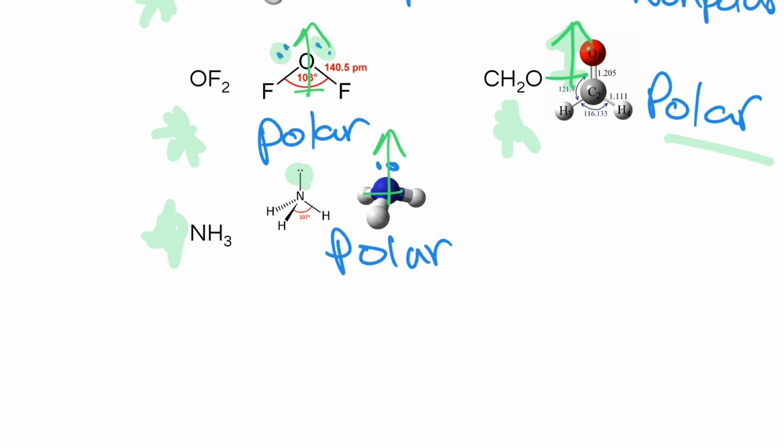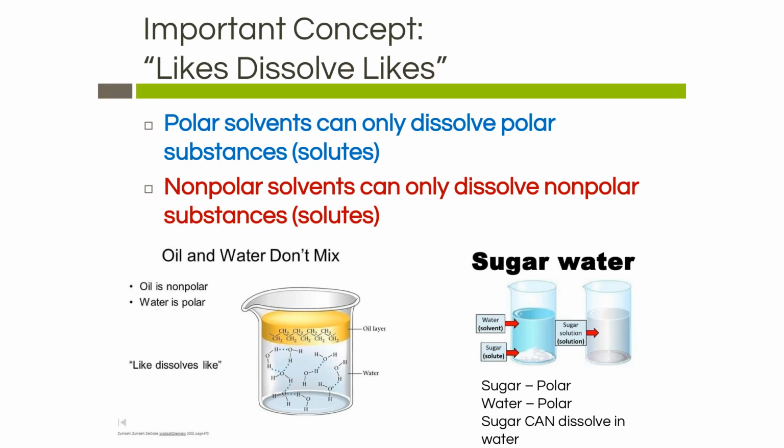Let's look at a little bit more about why this matters. Now, this is one of the central dogmas of chemistry, and so now you know enough to understand this. When we say the phrase like dissolves like, it's really important that polar solvents are only going to dissolve polar molecules, and nonpolar solvents are only going to dissolve nonpolar solutes.